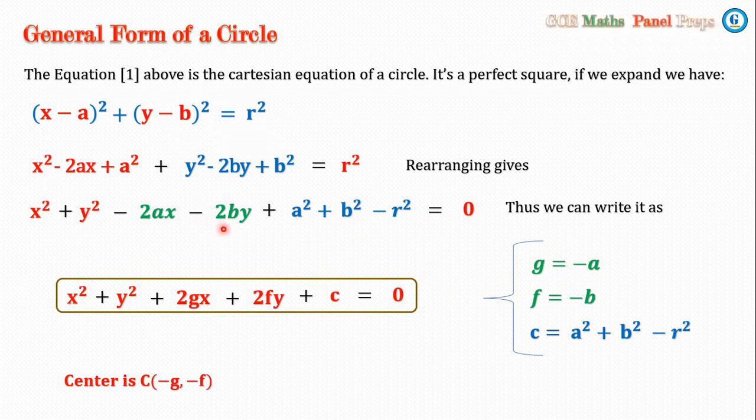But now that we have replaced negative a by g and negative b by f, the center of the circle is now at negative g, negative f, and the radius will be given by the positive square root of g squared plus f squared minus c. So let us call the general form of the equation of a circle equation 2.